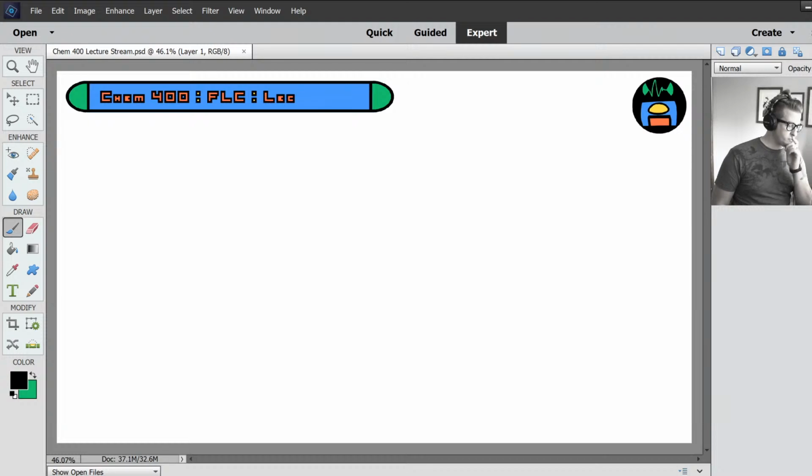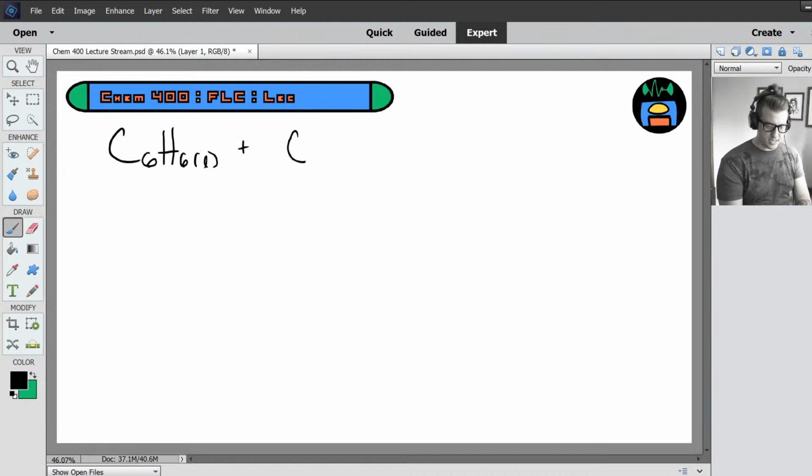In any case, let's go ahead and dive in. We are doing the final example from chapter 3, and I left off with this chemical equation: the combustion of liquid benzene with oxygen gas to produce water vapor, which means it is in the gas phase, and carbon dioxide.